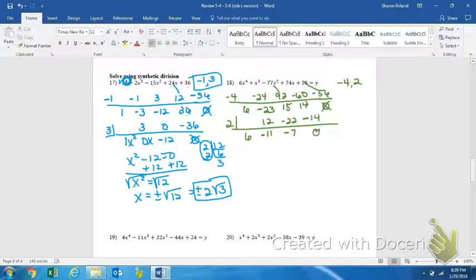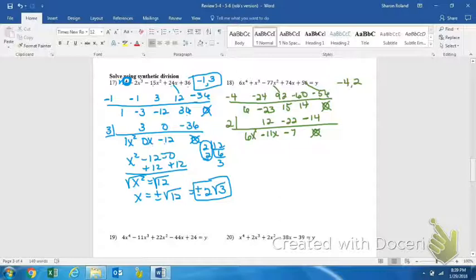Combine these two to get 0, which means 2 is a 0. And so we're left with 6x squared minus 11x minus 7. And we can do it two different ways. We can use the quadratic formula, or you can multiply 6 times negative 7 and factor it.